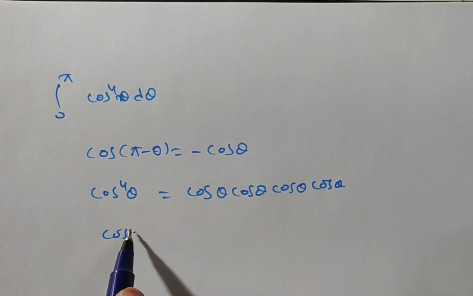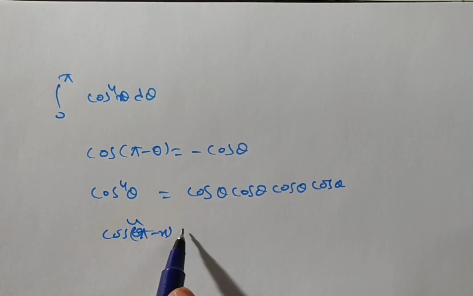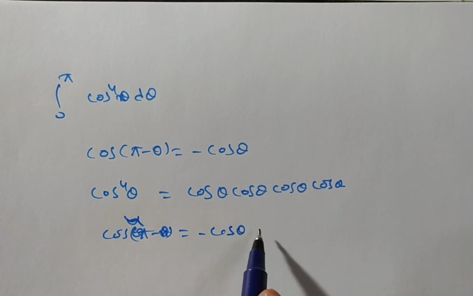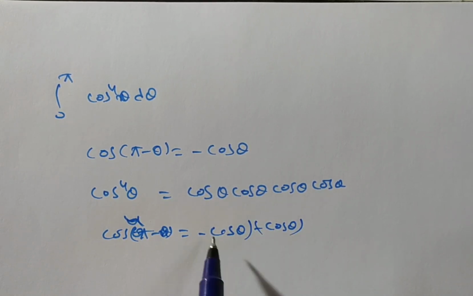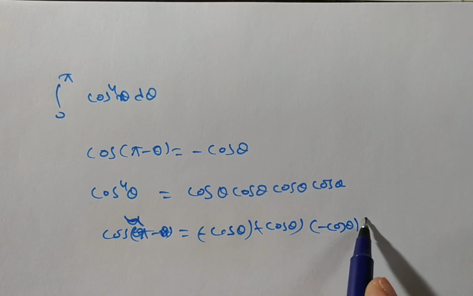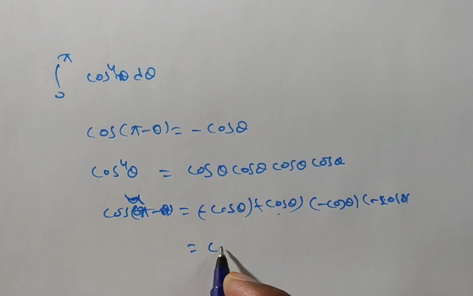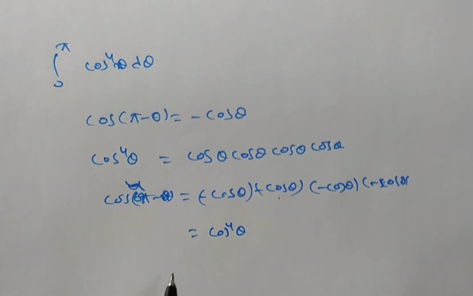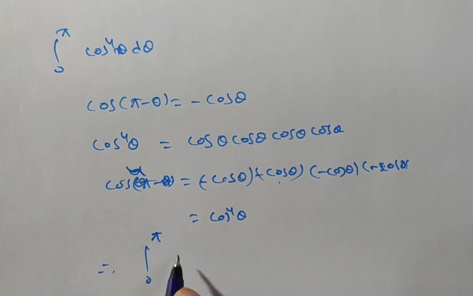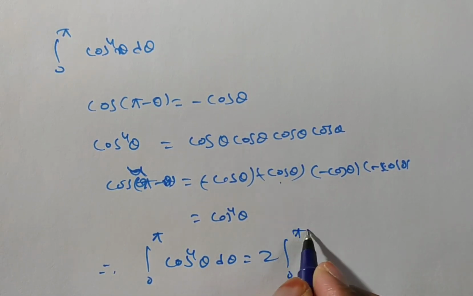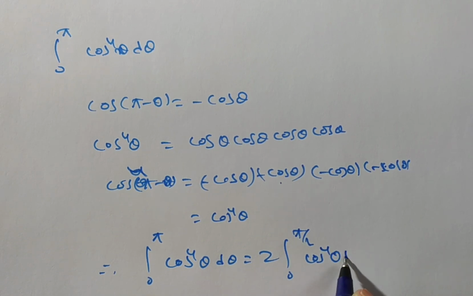Now cos of pi minus theta to the power 4 is minus cos theta into minus cos theta into minus cos theta into minus cos theta. Finally, 4 times minus is nothing but positive only. So you will have cos to the power of 4 theta. Therefore the integral from 0 to pi of cos to the power of 4 theta d theta, you can also write as the integral from 0 to pi by 2 of cos to the power of 4 theta d theta.